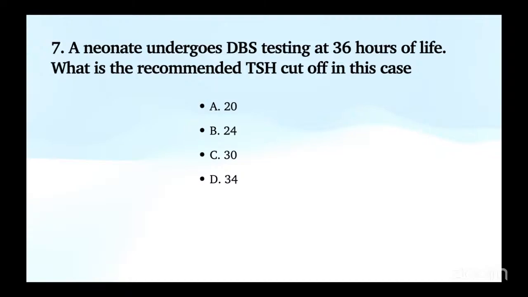Question 7. A neonate undergoes DBS testing, dried blood spot testing at 36 hours of life. What is the recommended TSH cutoff in this case? A. 20, B. 24, C. 30, D. 34. Next, ma'am.